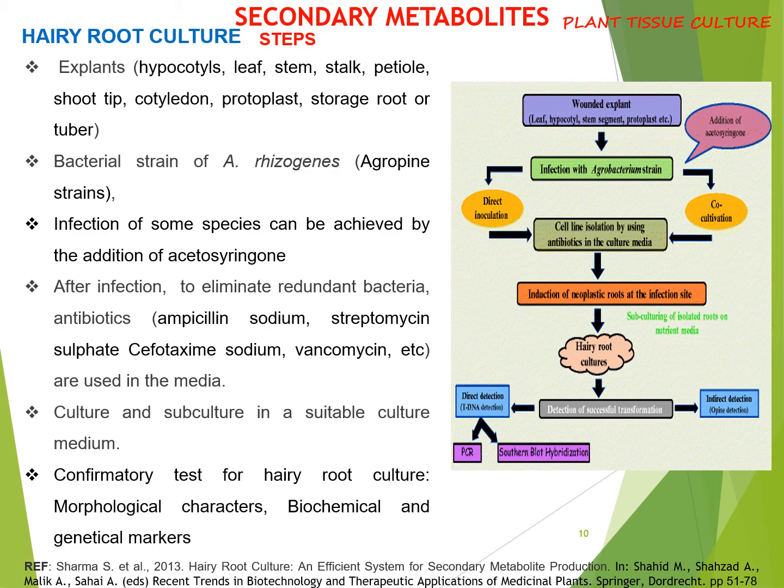After infection, antibiotics are used to eliminate the redundant bacteria. The infection causes neoplastic growth of roots that are characterized by high growth rate in hormone-free media and genetic stability. Confirmation tests for hairy root cultures are done by means of morphological characters, biochemical and genetic markers.